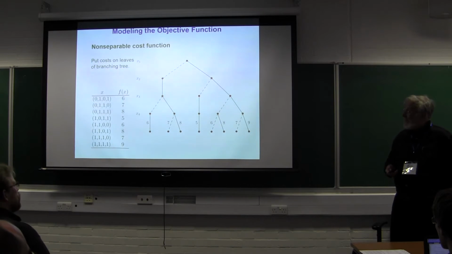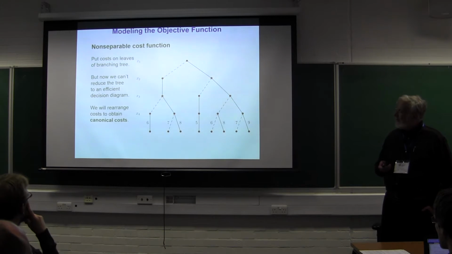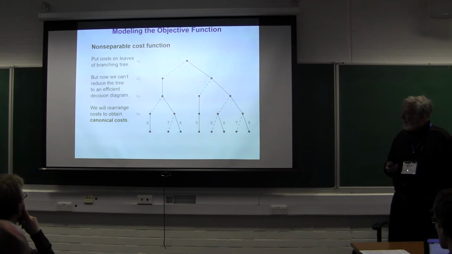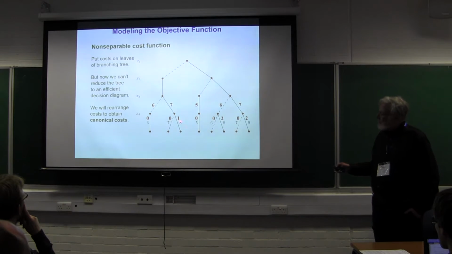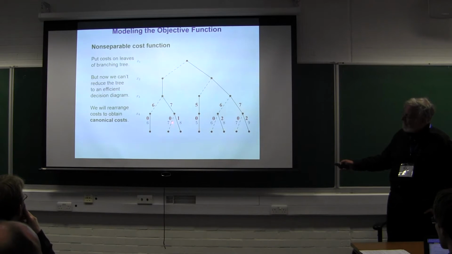That's bad. But we can move these costs around. For example, what we do here is look at the difference between these two costs and subtract off common elements. So we subtract off 7, so we get 0 and 1. We put that 7 up here to compensate.